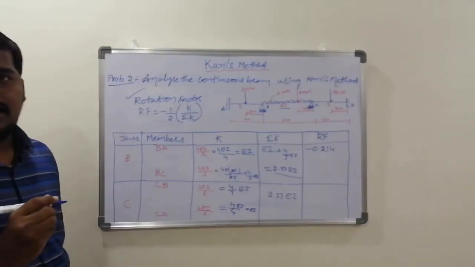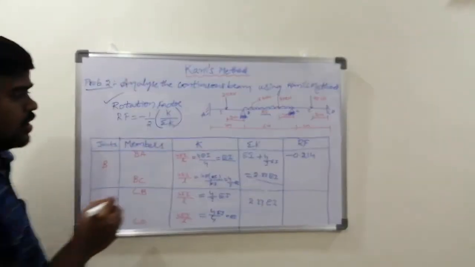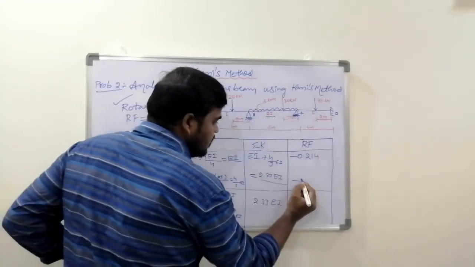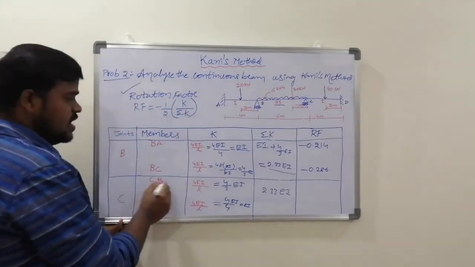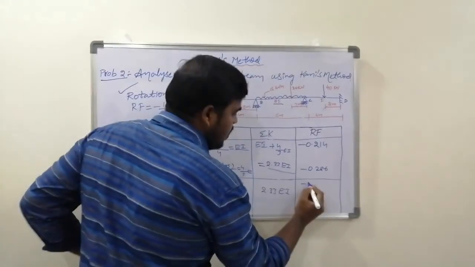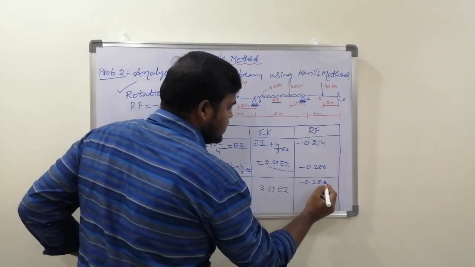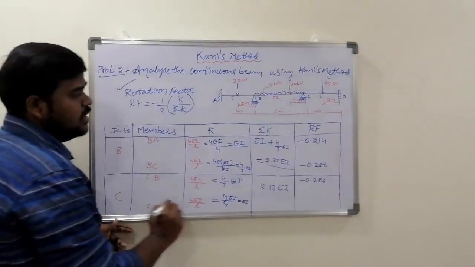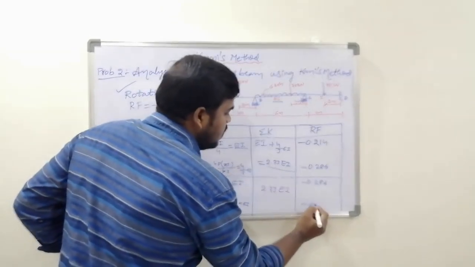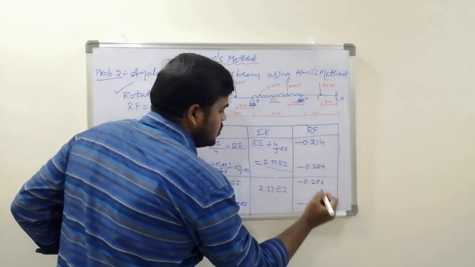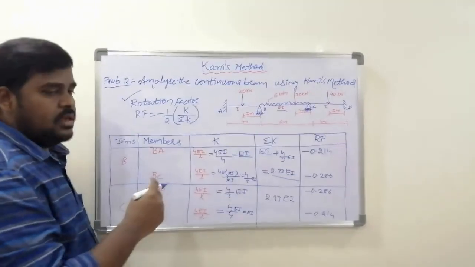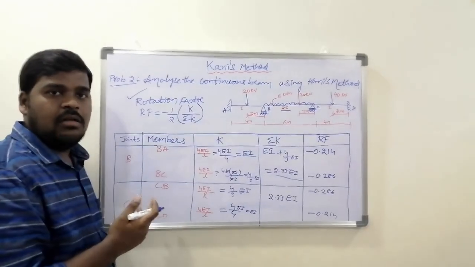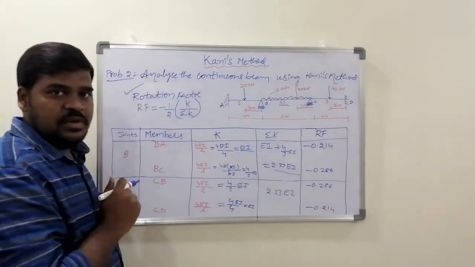So we get the answer as minus 0.214, and here we get minus 0.286, and for CB we get minus 0.286, and for CD we get minus 0.214.